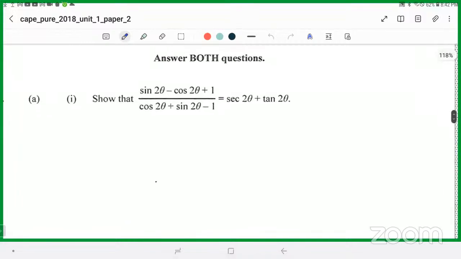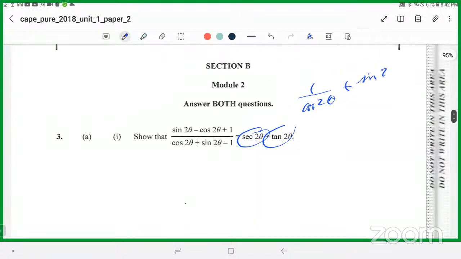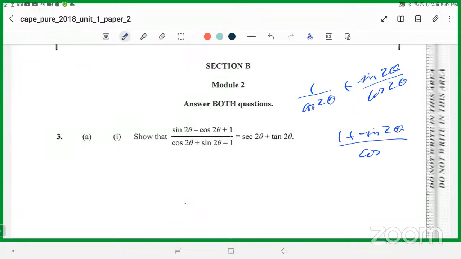But before I even start to do this proof, what you have to realize is that this is actually 1 over cos 2 theta, and this is sine 2 theta over cos 2 theta. So the right side really is 1 plus sine 2 theta all over cos 2 theta.